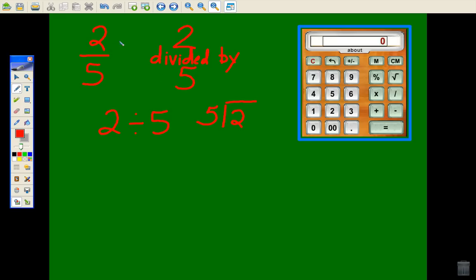If you have a fraction and you do the division, the result is going to be a decimal. And let me show you how that works. If I have this 2/5 and I do 2 divided by 5, watch what happens on the screen. I get a decimal. A calculator is not going to report a fraction to you. It's going to report a decimal.